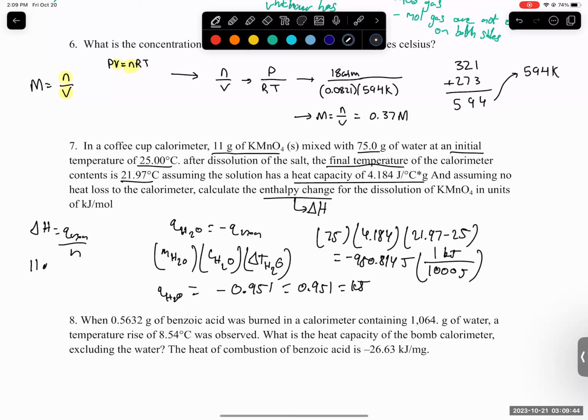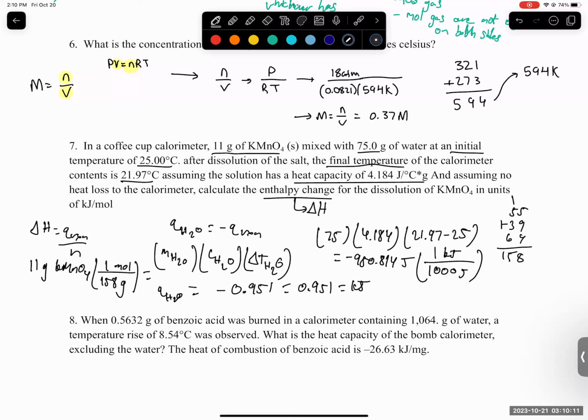So 11 grams of KMnO4. What I'm doing here is converting to moles. We do that by dividing by the molar mass. We get an approximate molar mass of 55 plus 39 plus 64, which is approximately 158.